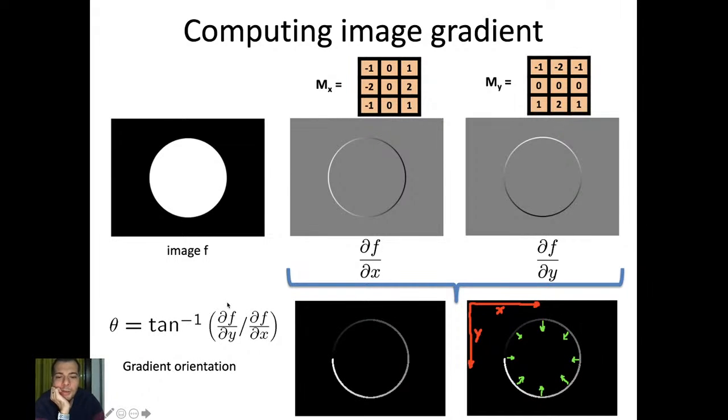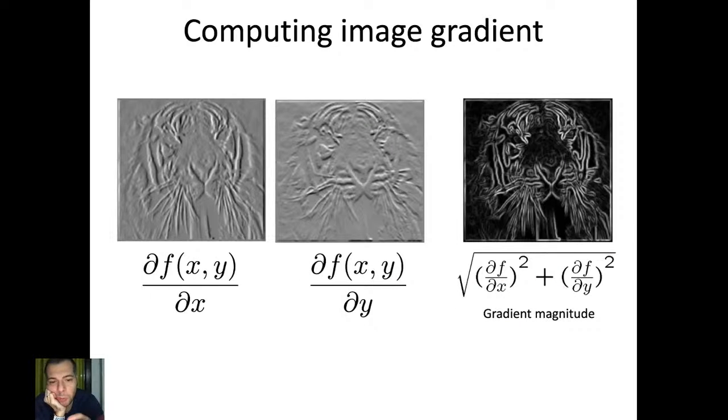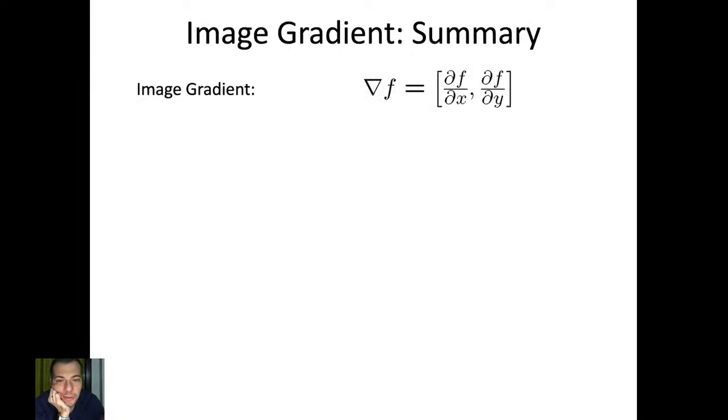So the gradients are actually vectors, and they can be represented through magnitude and orientation. So how large is the vector and what's the orientation of the vector. So these are the polar coordinates, and we can also represent them using the direct component.